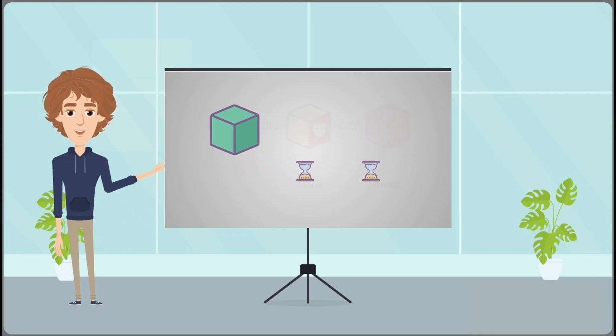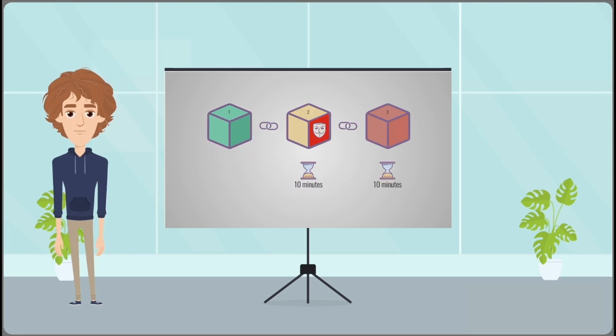In Bitcoin's case, it takes about 10 minutes to calculate the required proof of work and add a new block to the chain. This mechanism makes it very hard to tamper with the blocks because if you tamper with one block, you'll need to recalculate the proof of work for all the following blocks. So the security of a blockchain comes from its creative use of hashing and the proof of work mechanism.